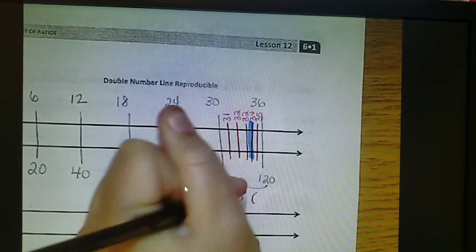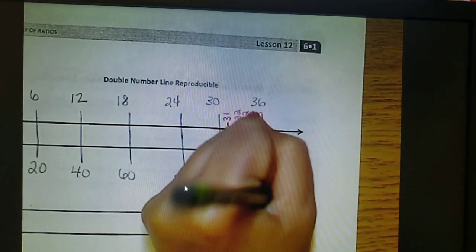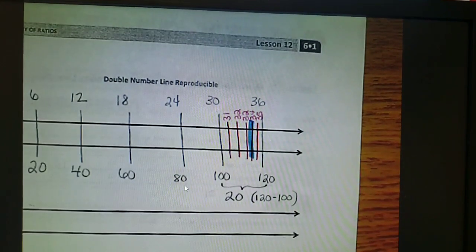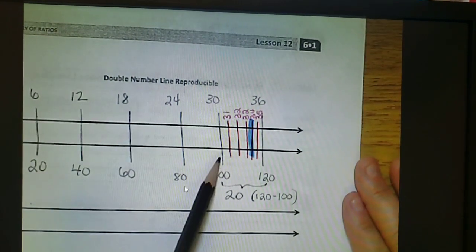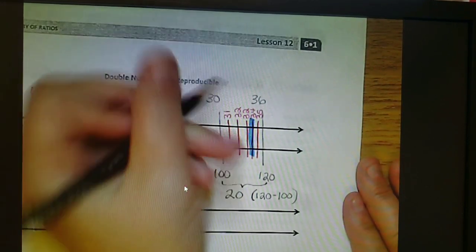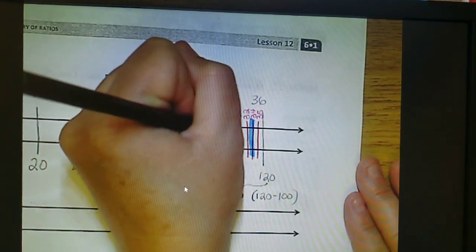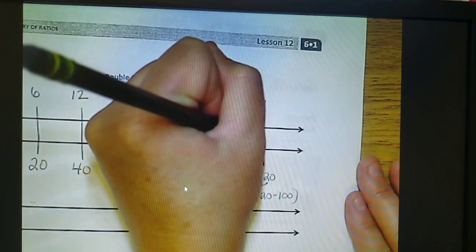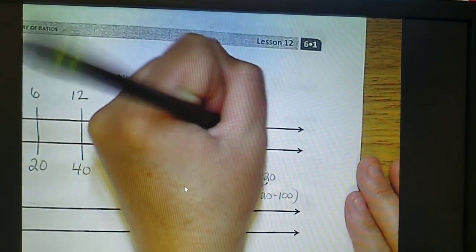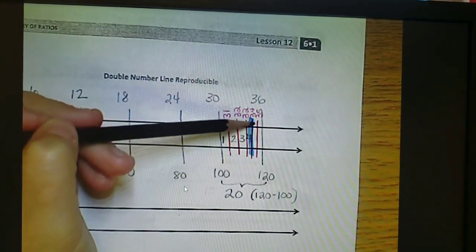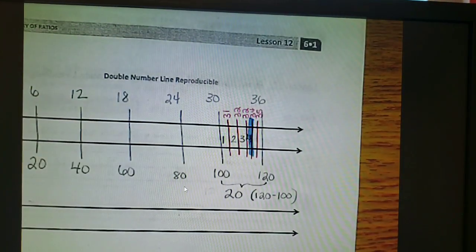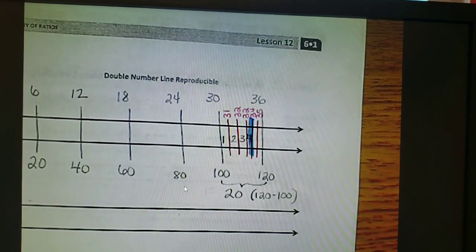Basically, all we took was 120, we subtracted 100, and that's how we got 20. Okay, our next step is, how many sections do I have? There's 1, 2, 3, 4. Okay, so we are going to stop right here because this is 34, so we get to stop at that last little section right there.